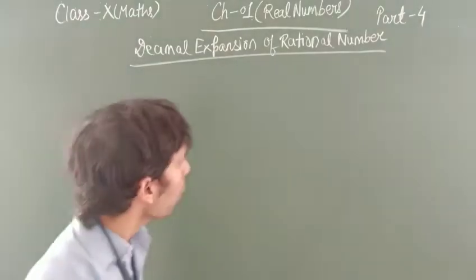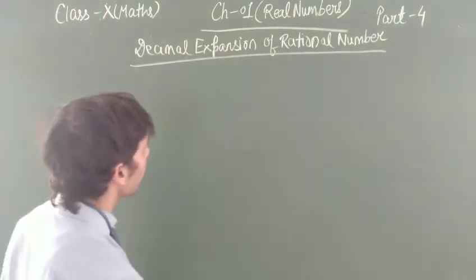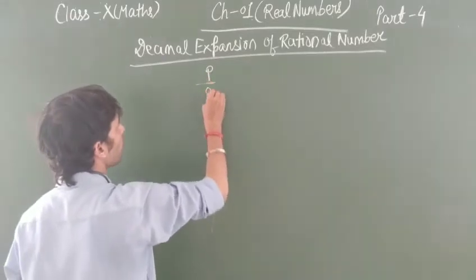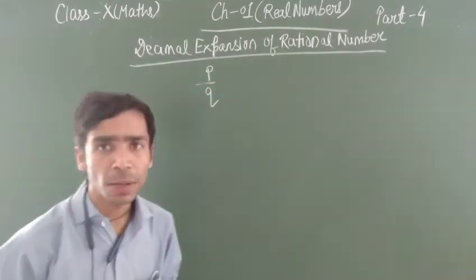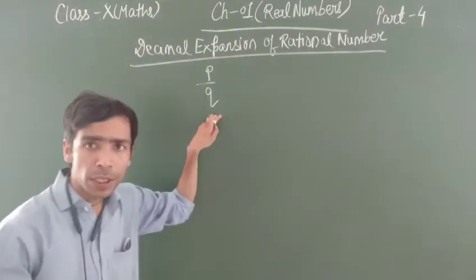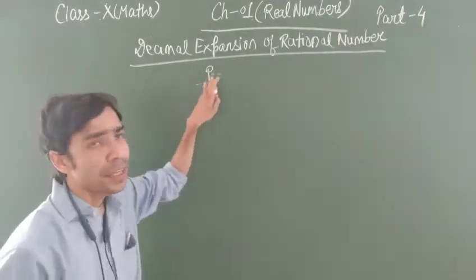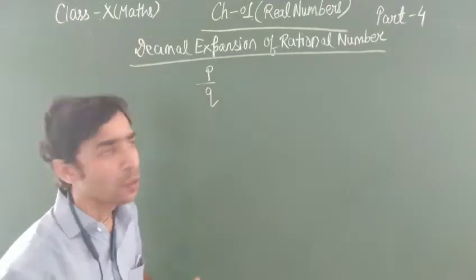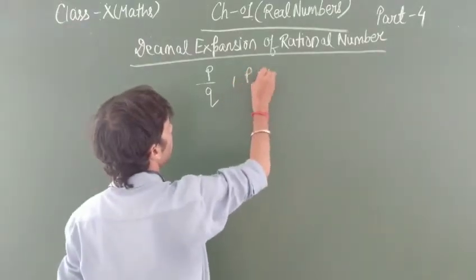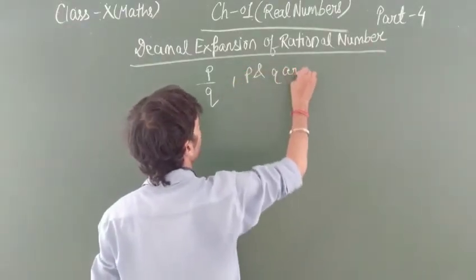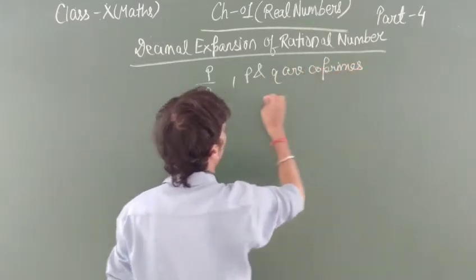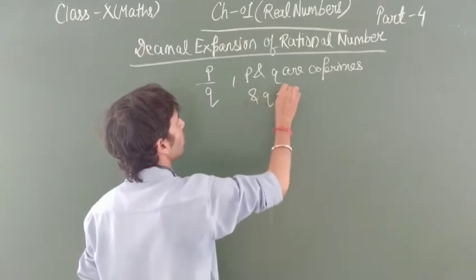We all know that any rational number can be represented in p upon q form, where p and q are co-prime and q is not equal to 0.